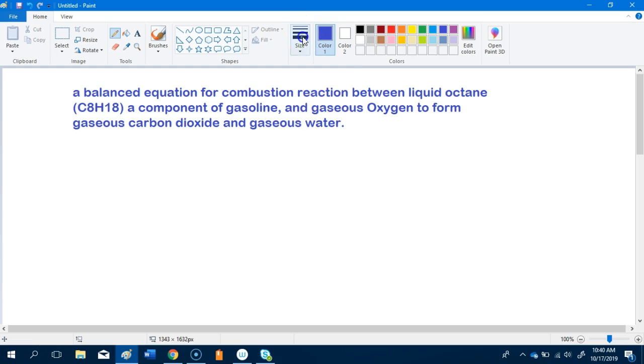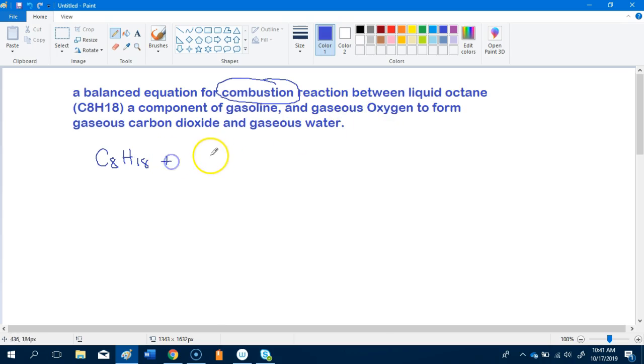So the first thing I'm going to do is translate this from English into chemical symbols. We need to write a balanced equation for a combustion reaction, and combustion reactions are when compounds react with oxygen to create new products. So our reaction is between liquid octane, which they do give the formula for, C8H18, and gaseous oxygen.